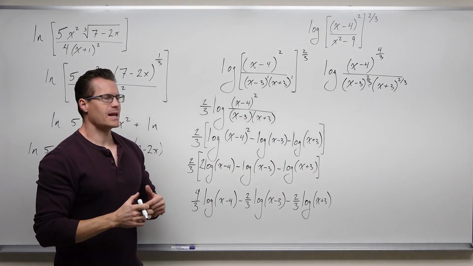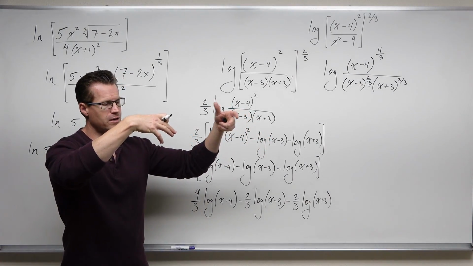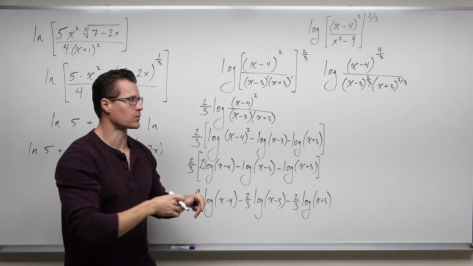whenever you have it. And every one of the factors on the numerator is going to create a positive or added logarithm. All the factors on the denominator create a subtracted or negative logarithm.